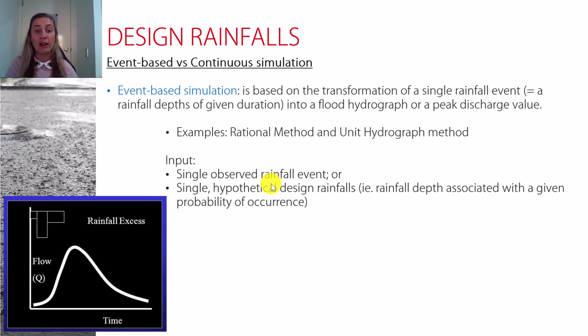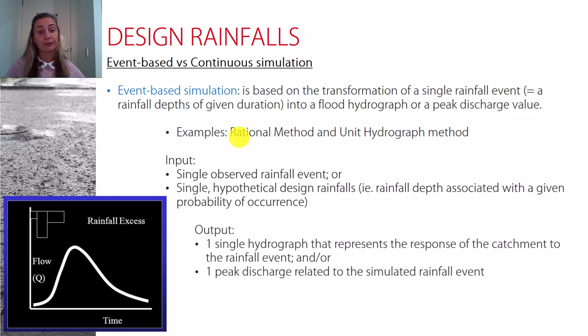But that rainfall event is not necessarily a design rainfall, okay, because it's an actual rainfall event that we actually experienced. And the hypothetical design rainfall is the one that I mentioned, which is derived from an analysis of frequency of long-term data of rainfall observations.